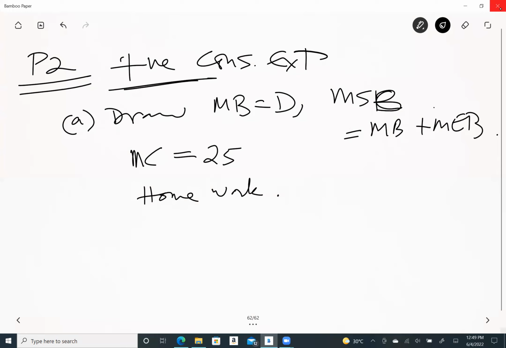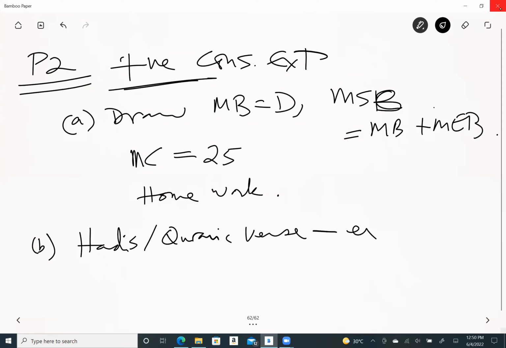Now I'll give you another homework. This is Islamic homework. Can you find a hadith or Quranic verse on externality, that relates to the externality problem?